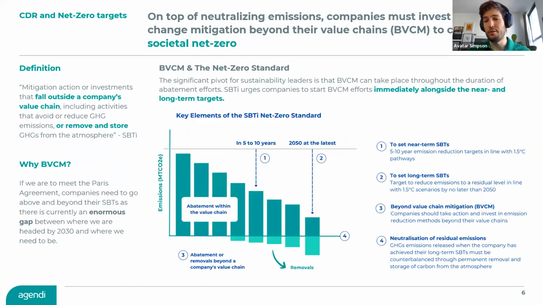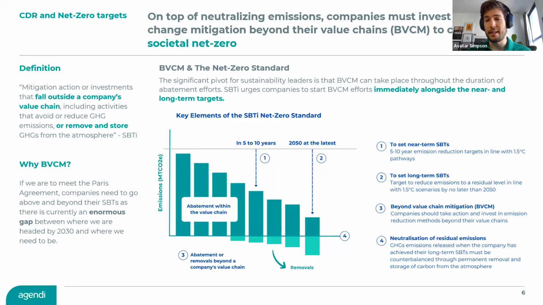The SBTi also highly encourages companies to go beyond just procuring removals in their target year and extending that to invest in climate mitigation projects beyond their value chain long before their target year occurs. And they mainly encourage this because there's a current large gap in the global ambitions to reduce emissions over time and the actual emissions that have been reduced to date.